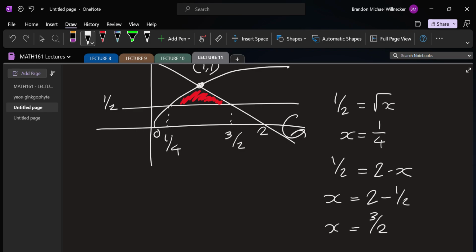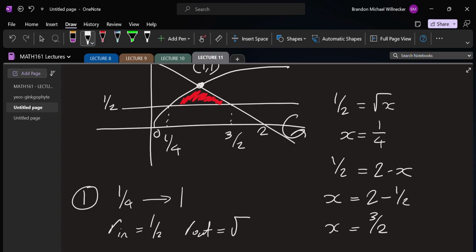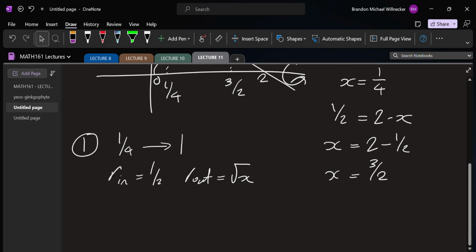Okay, so again, the first volume is for the first bit. That's going to be from 1/4 to 1, with the inner radius being a half and the outer radius being root x. So let's put that for number 1. We're going from 1/4 to 1. R in is a half. R out is root x. Okay, so that's for the first bit of the volume.